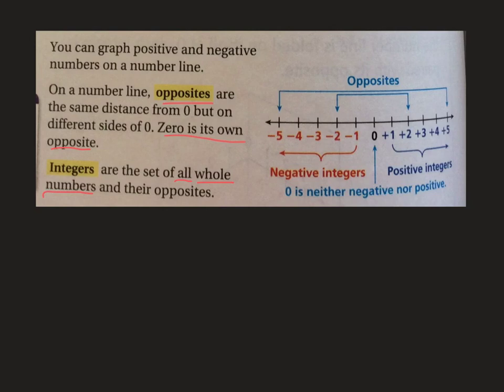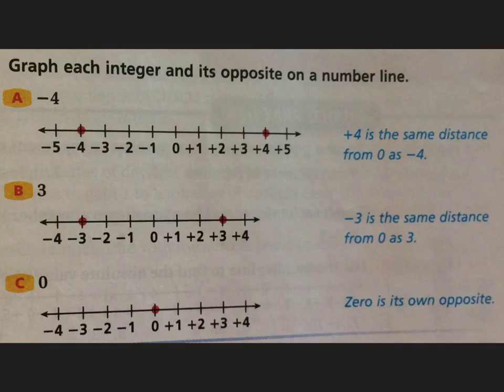So now that we're using integers, that just means positive and negative numbers is what integers means. Now I need to graph each integer, again, that just means positive and negative number, and its opposite on a number line.